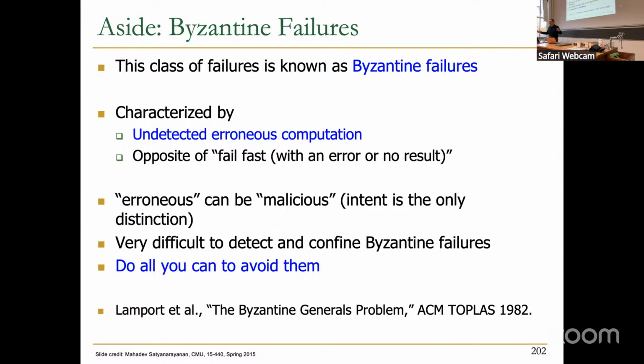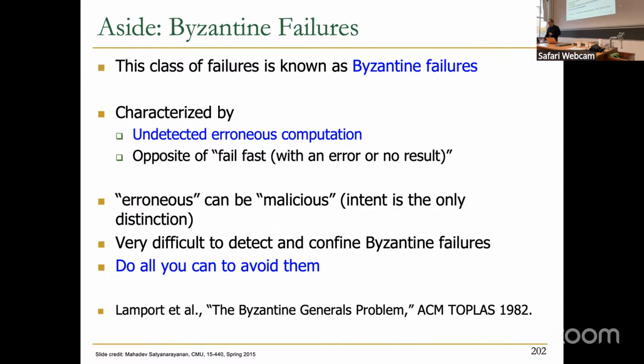Ideally, if you want to design a dependable system and if you cannot really avoid that you'll get an error, then you should fail fast. Meaning you either get no result, saying that I'm done, I couldn't do this, or you get an error saying that I have an error, don't trust me, right? That's what you want, assuming you couldn't correct it, right? Assuming you couldn't fix it.